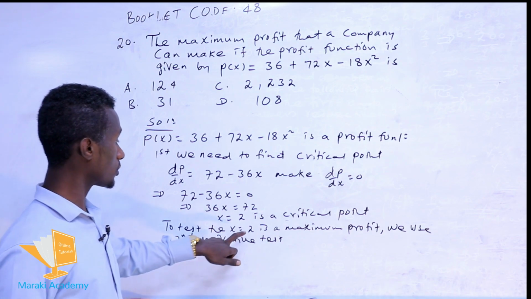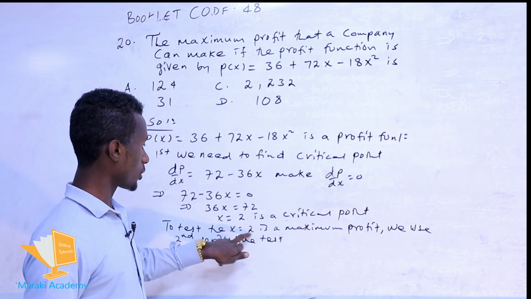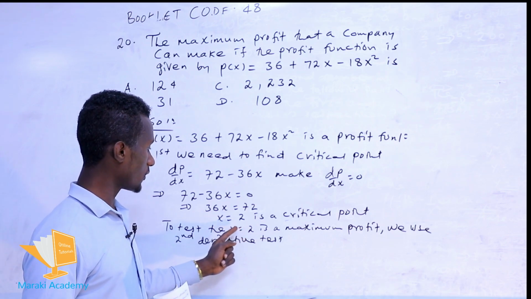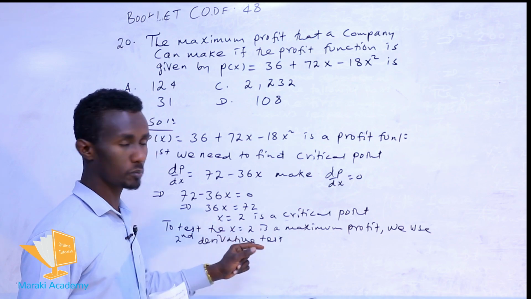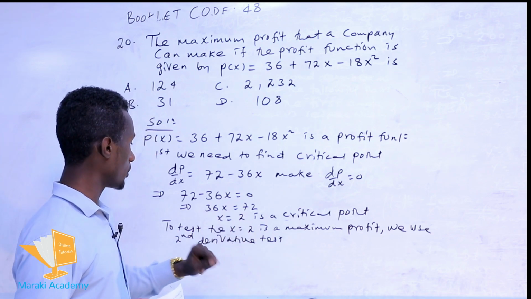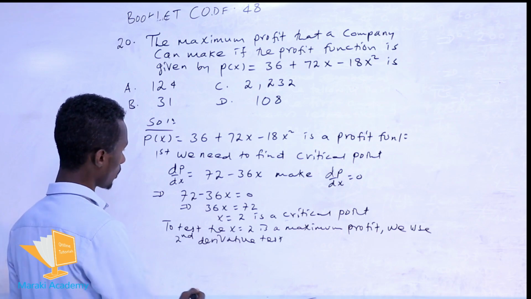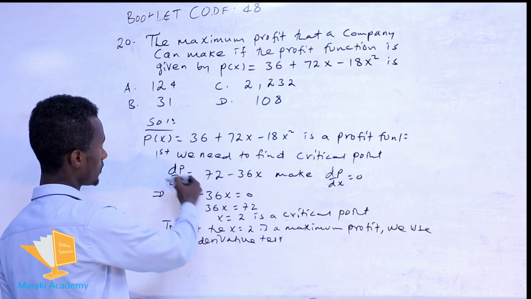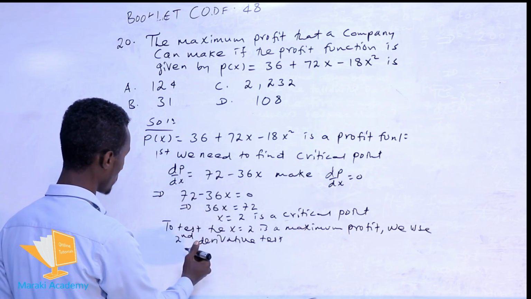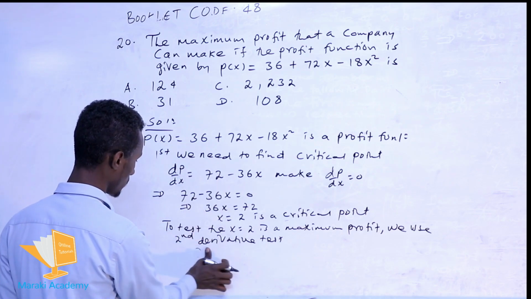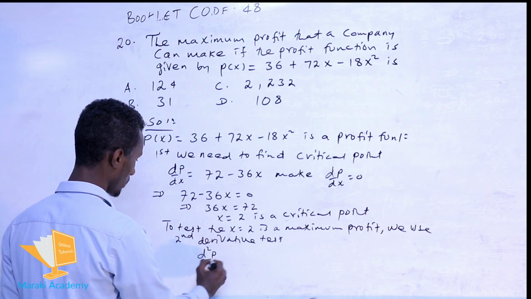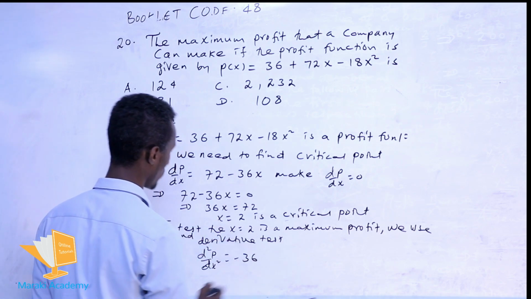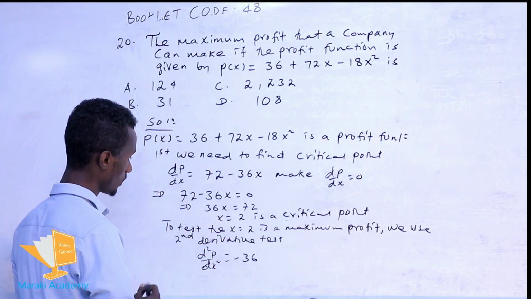At this critical point, if the profit function is maximum, the second derivative of the given function at point 2 must be negative. If it is minimum, it must be positive. To get the second derivative, we differentiate again. The second derivative with respect to x is equal to minus 36.